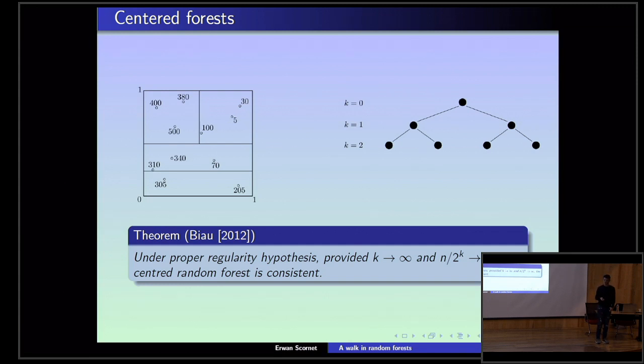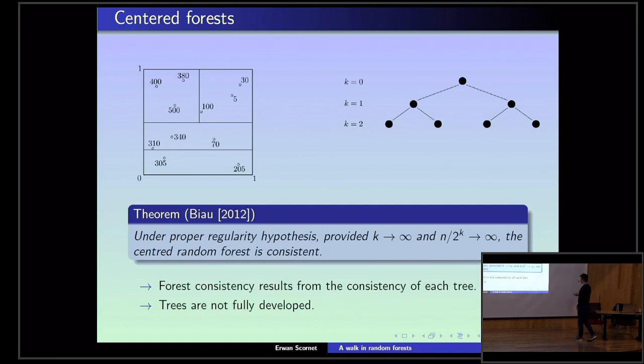The bad thing is that the consistency of the forest here just results from the consistency of the tree. Basically it says that if the tree is consistent, then the forest is consistent. So I do not have any benefit of using a forest instead of a tree here, because I have consistency for a tree and consistency for random forest. A second bad thing is that you must remember the original aim, which was to analyze Breiman's forest, but in Breiman's forest you have a small number of points in each cell.